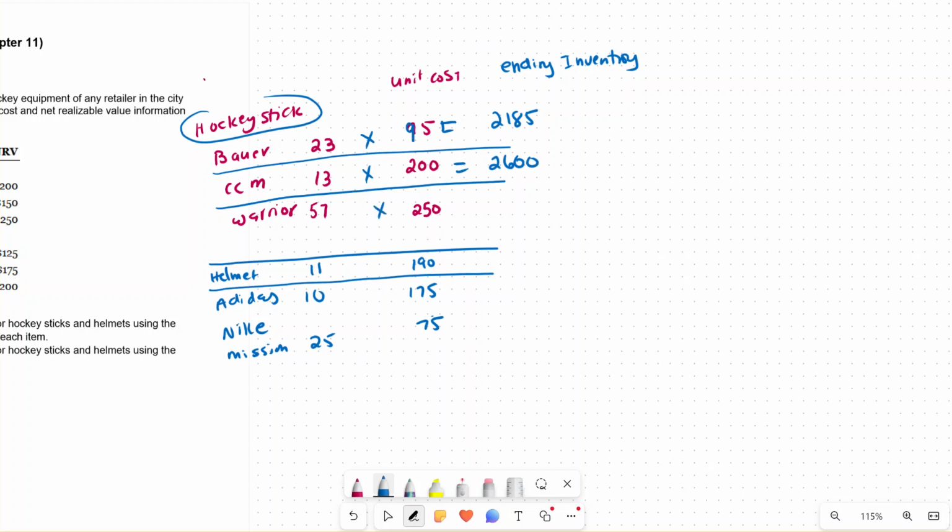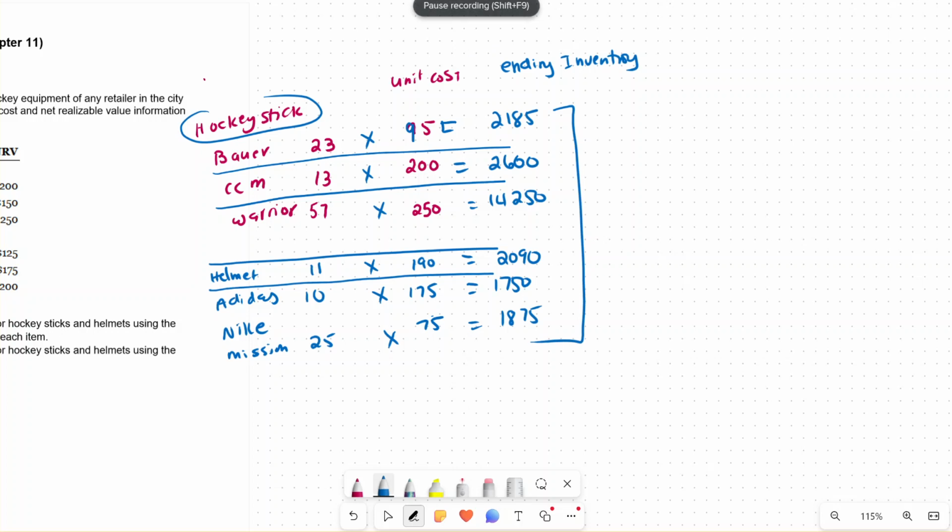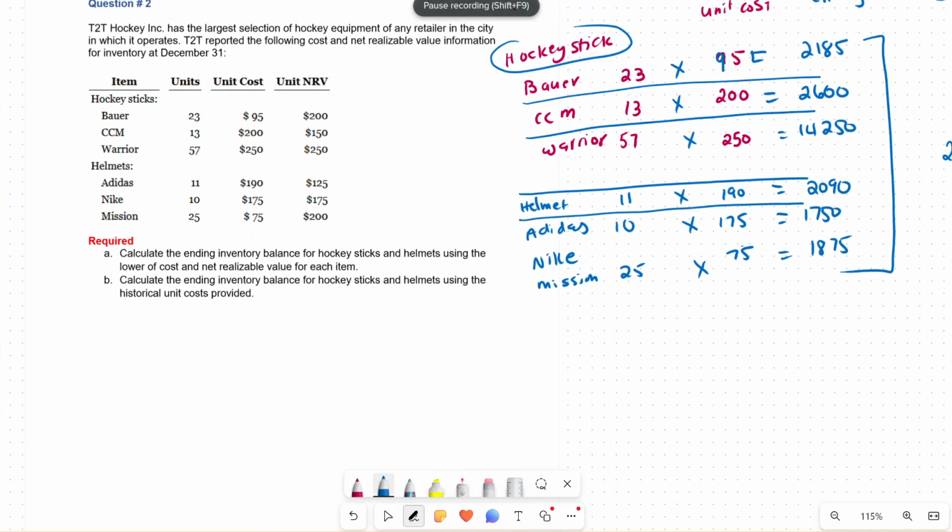Then 14250. Then 2090. Then 1750. Then 1875. If I add up all the inventory, it will give me a value of 24750, and that is your ending inventory using historical cost.